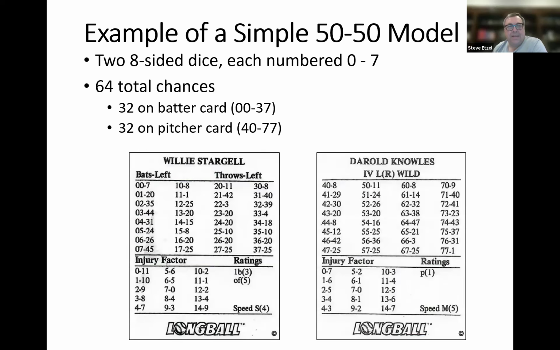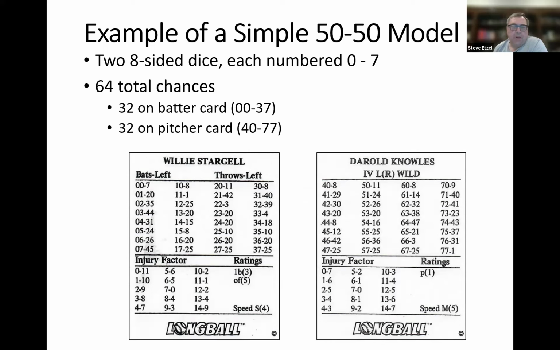Okay, as I said, most people are probably familiar with a 50-50 model. This happens to be Long Ball. And so there were two eight-sided dice numbered 0 to 7. And that means there's 64 total chances, 32 of them on the batter card for dice rolls 00 to 37, and 32 on the pitcher card, which is dice rolls 40 to 77.